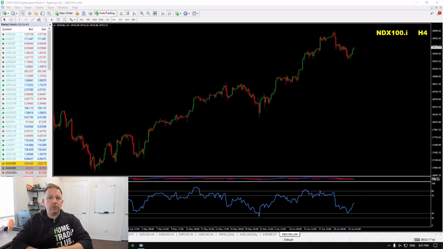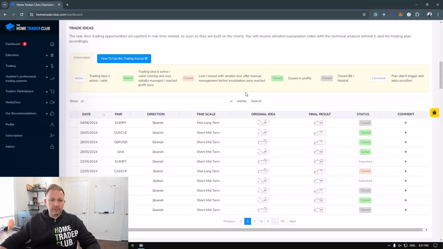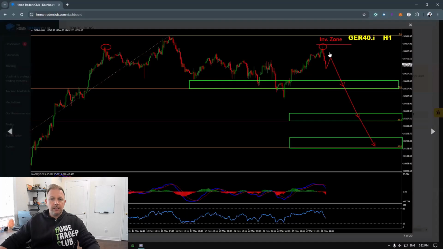But now I want to show where and how the power of the RSI could be used for trending conditions and for ranges. For that, I will take one of the trades we did and executed in Home Trader Club. Okay, so this is our members area. If you are not familiar with what Home Trader Club is, this is the DAX for a sell.